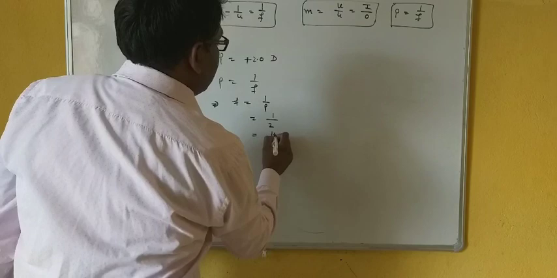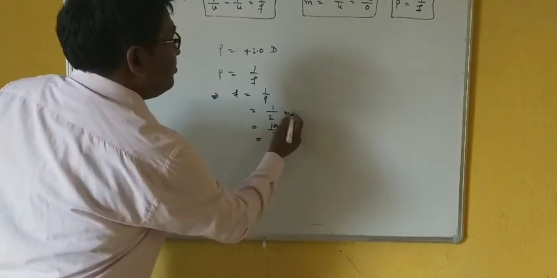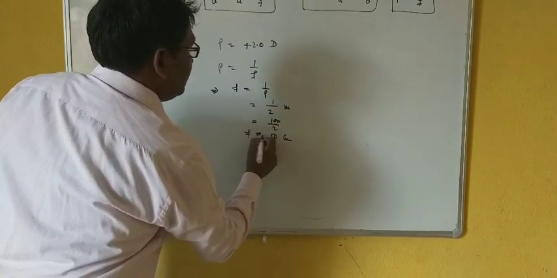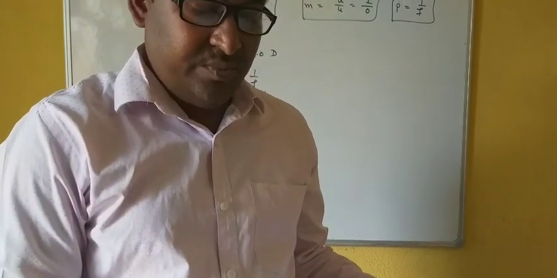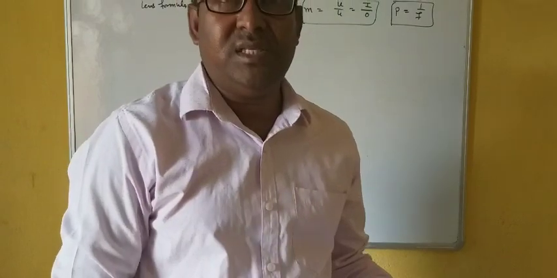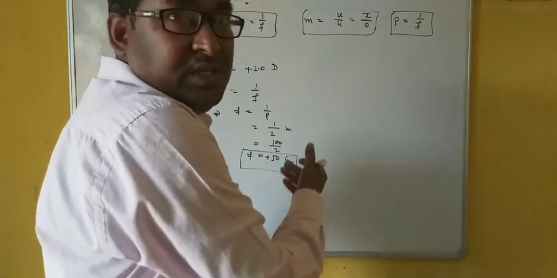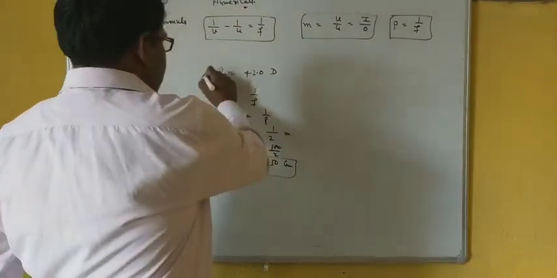This implies 100 upon 2. This is in meter, so multiplying by 100, what you get? 50 centimeter. This is positive value. Therefore, its answer will be kind of lens: it's a convex lens. And how much focal length? 50. Why convex? Since its focal length is positive. Right? Very simple question it is.